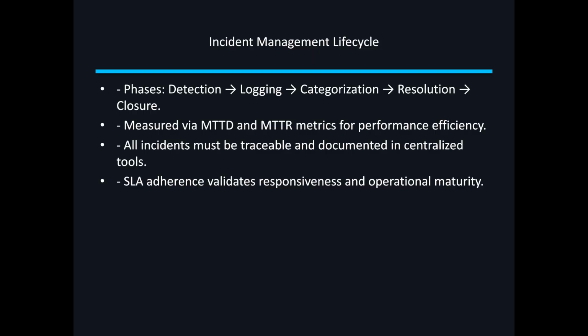An effective incident management process follows the ITIL defined life cycle, which consists of detection and logging. Every incident must be recorded in a centralized system such as ServiceNow, Jira, or Remedy. A lot of organizations also use RSA Archer for such detection and logging purposes.